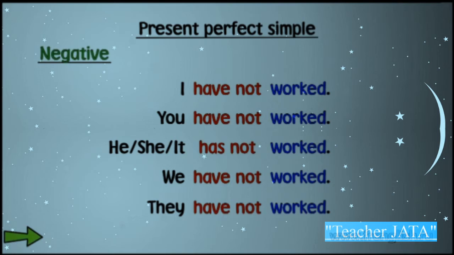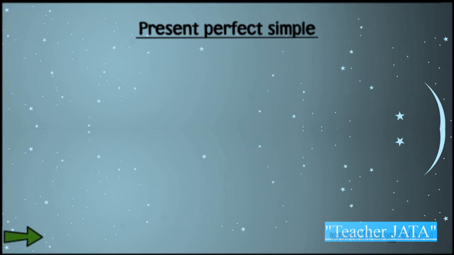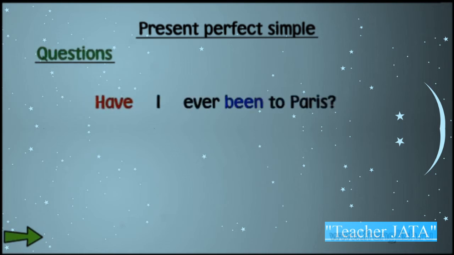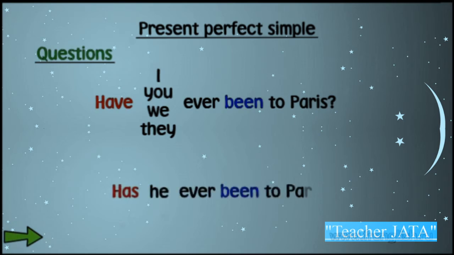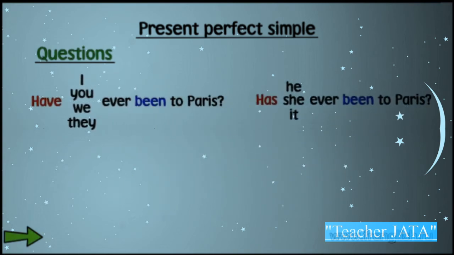We often use short forms of have not and has not, especially in spoken English. We form present perfect questions like this. We form short answers like this.